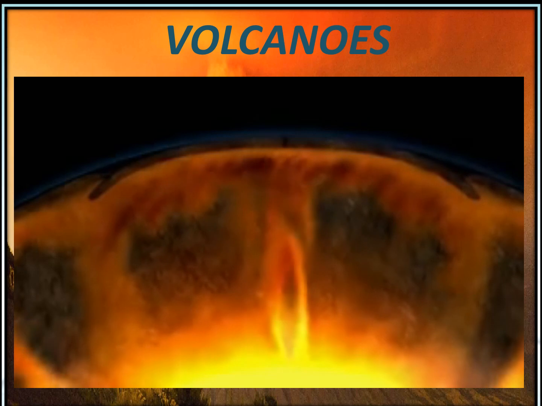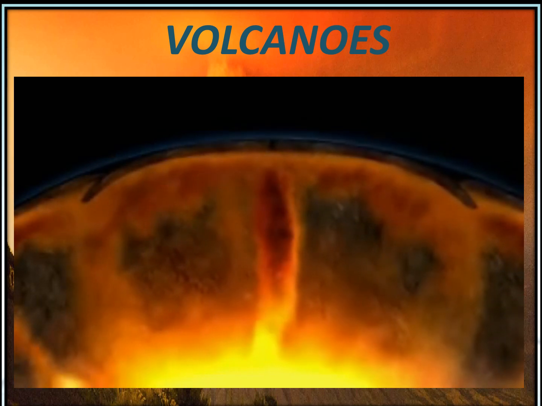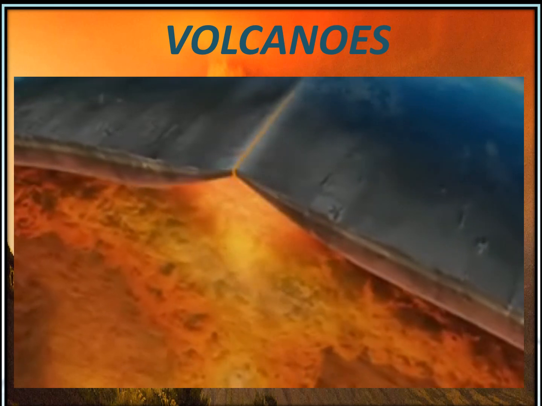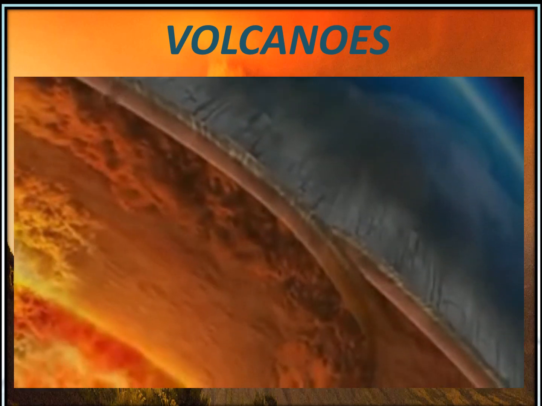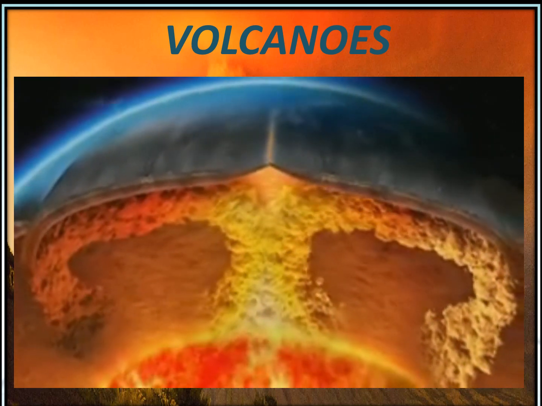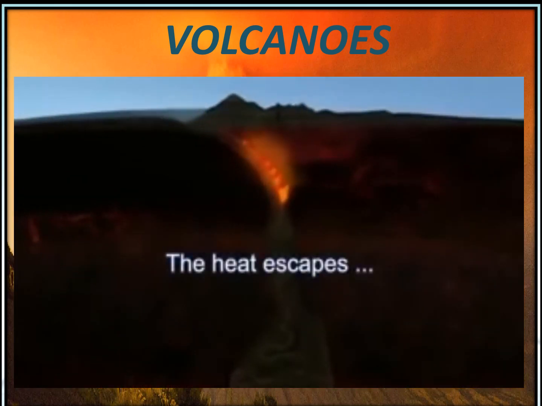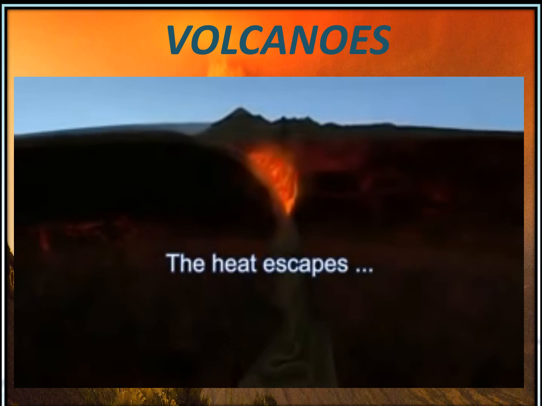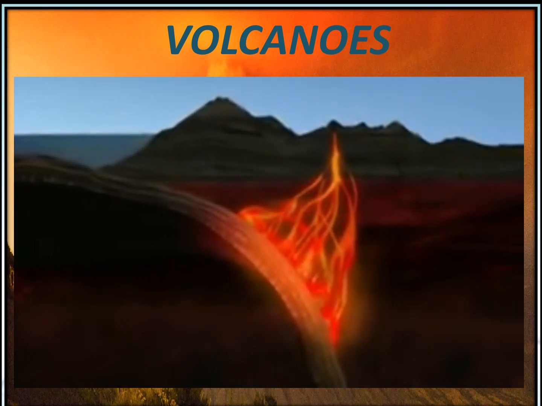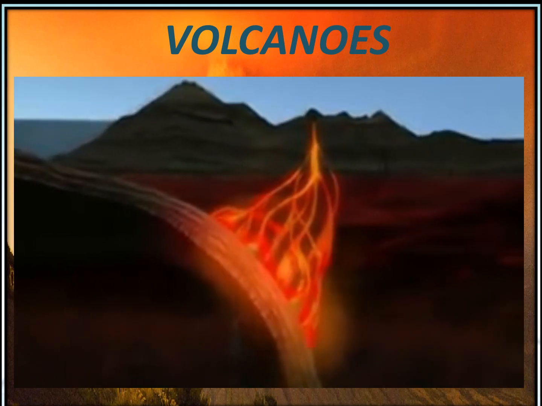When these plates are pushed together or dragged apart, cracks or weaknesses allow the magma to rise up through the earth's crust. Pressure builds up, which then releases suddenly, causing the magma to explode.